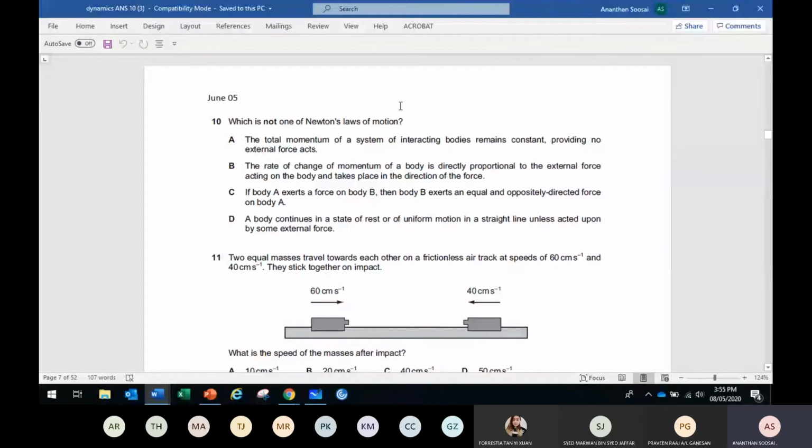So A should be the answer, which is not one of Newton's laws. B, C and D are Newton's laws. Any questions from here? Everyone okay? Can you understand? So those who got A, good. Okay, so let's move on.